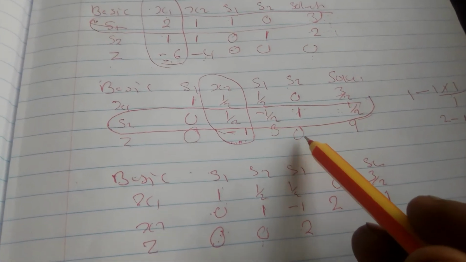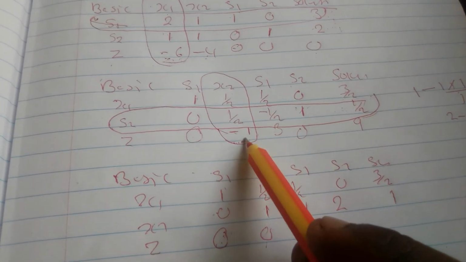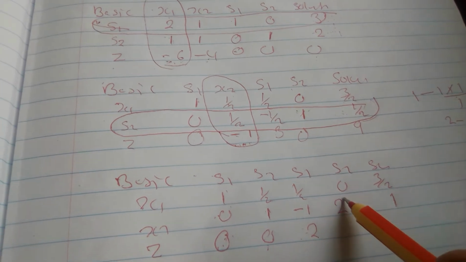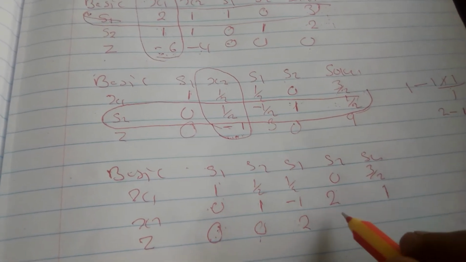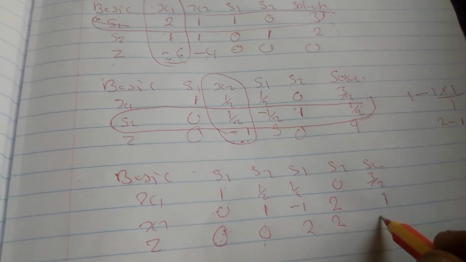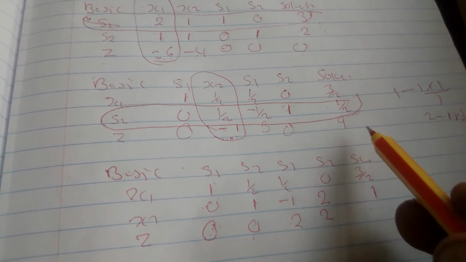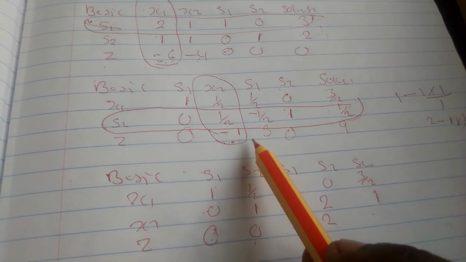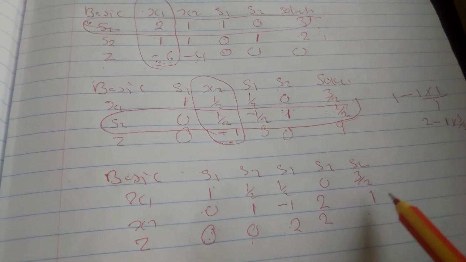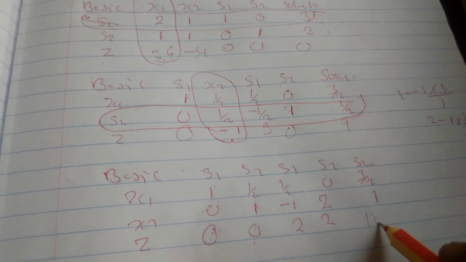Then 0 minus negative 1 times 2 divided by 1, you get 2. Then 9 minus negative 1 times 1 over 1, so you get 10.